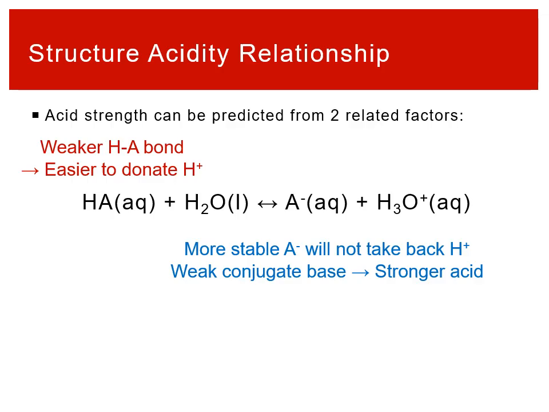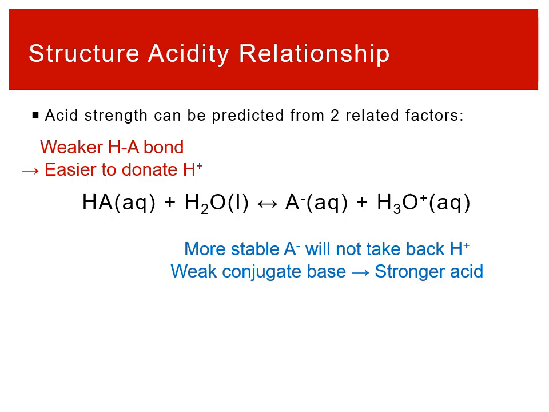That could also happen because A-, the conjugate base, is relatively weak as a base. If it is a weak conjugate base, then the original acid would be stronger. A base is something that takes up H+. So is that base not really that desperate to gain H+?